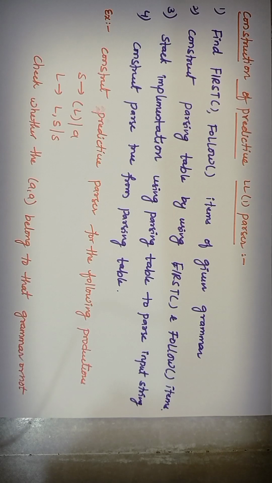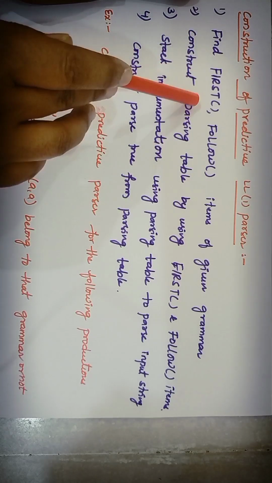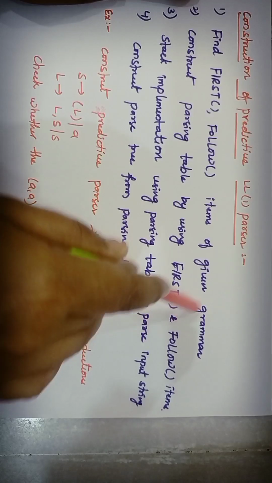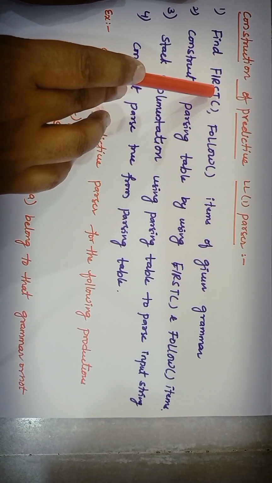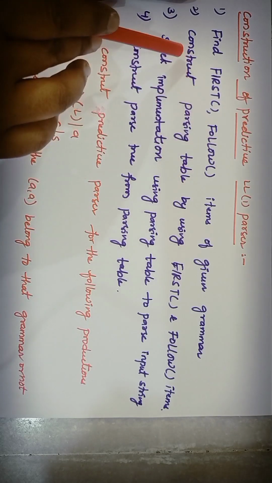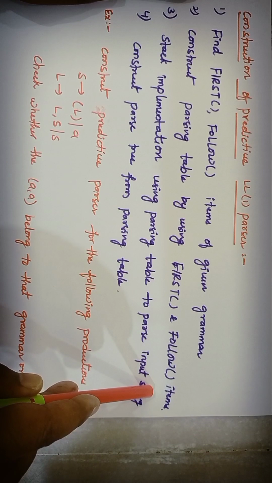For construction of the predictive LL1 parser, these are the steps. The first step is to find first and follow items of the given grammar. For every non-terminal in the given grammar, we have to find first and follow elements. Next, construct the parsing table by using first and follow items.